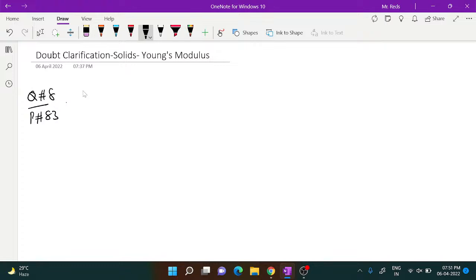Right? What you have to consider here is, 4 identical hollow cylindrical columns of steel support a big structure. Let us say there are 4 cylindrical structures. This is one cylindrical structure having inner radius r1 and outer radius r2.